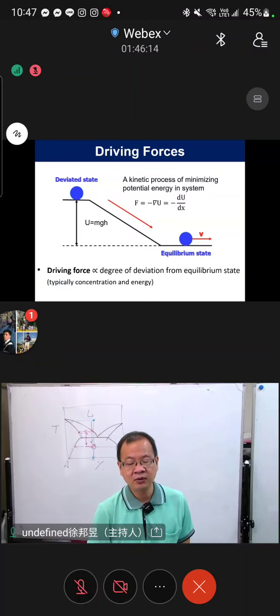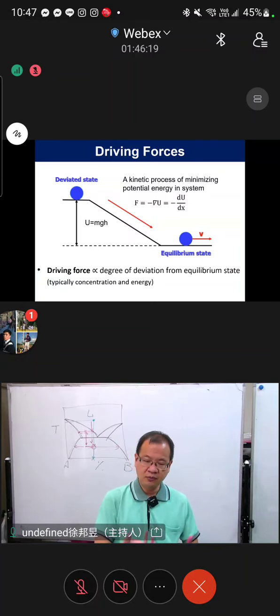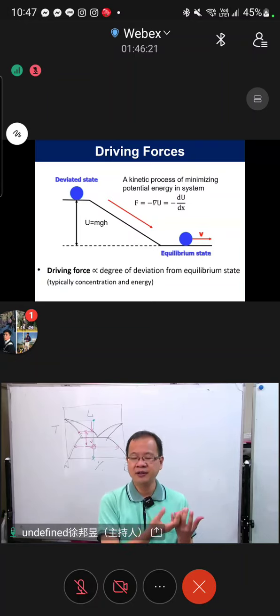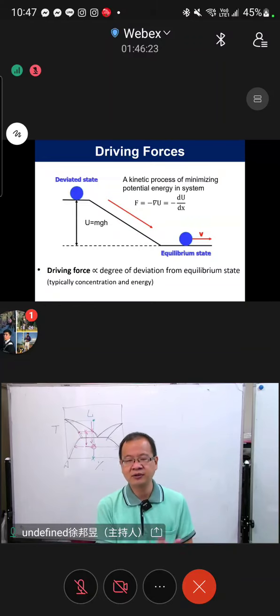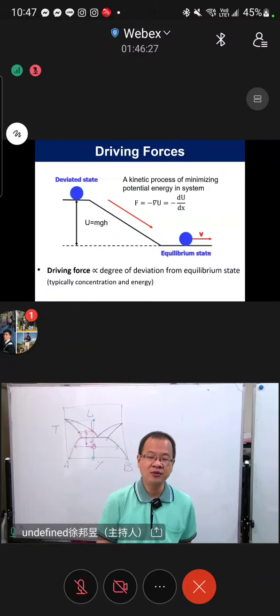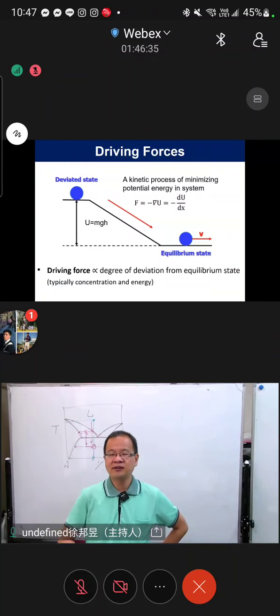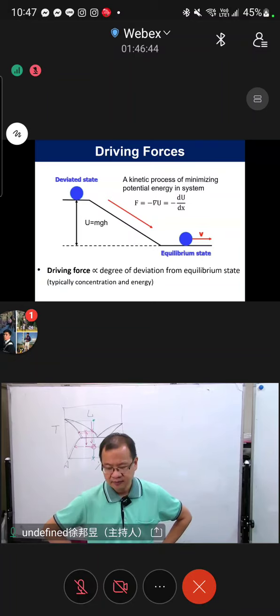It's the same as the crystal changing its structure, because one phase has a higher energy and the other phase has lower energy. You can imagine the ball is the atom in your system with a higher energy. Of course, they try to move to lower energy, right? It's a natural process. It happens because the energy is lower in the new equilibrium state.